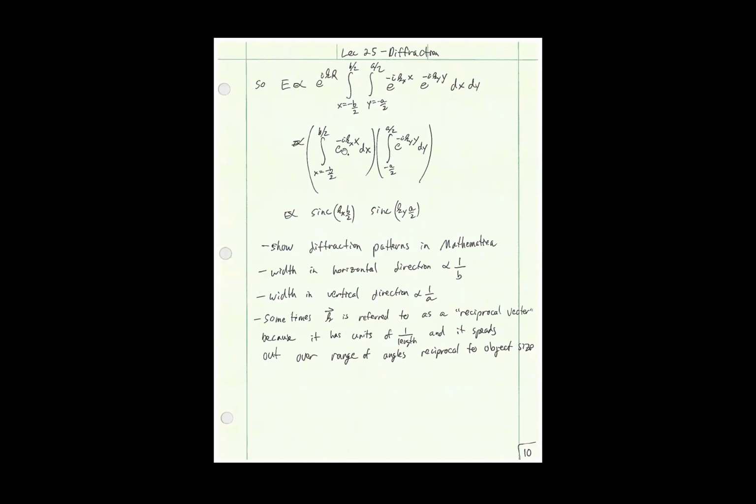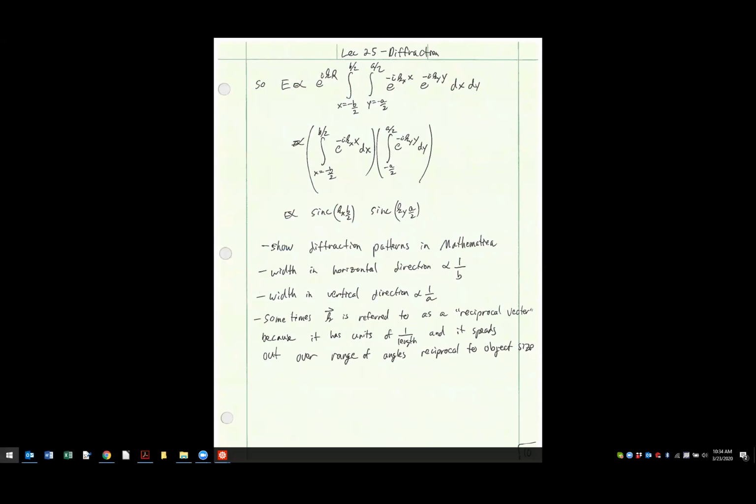We just get the product of two integrals because we've got a double integral, but our integrand is the product of two functions, one of which only depends on x, one of which only depends on y. And so because of that, we get the product of two sinc functions.